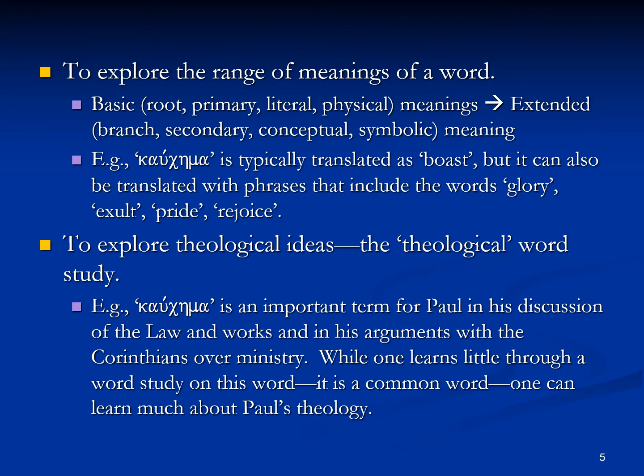We also want to explore the range of meanings of a word. This is what a dictionary does. A dictionary will give you the basic meaning and then the extended meanings of a word. And that's true of Greek dictionaries that we use for translating the New Testament.